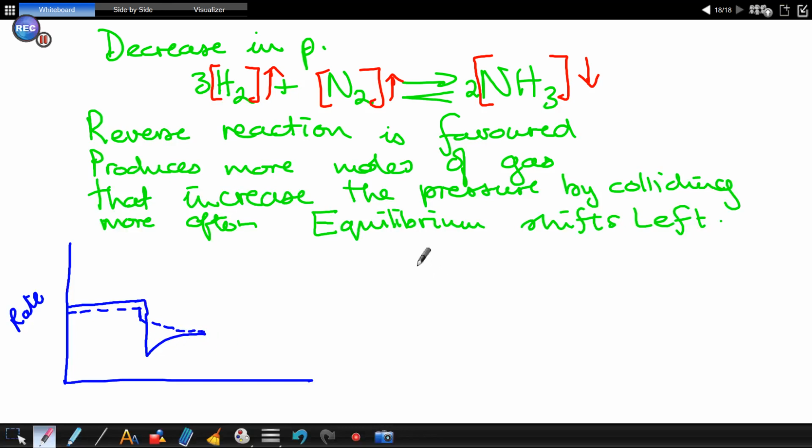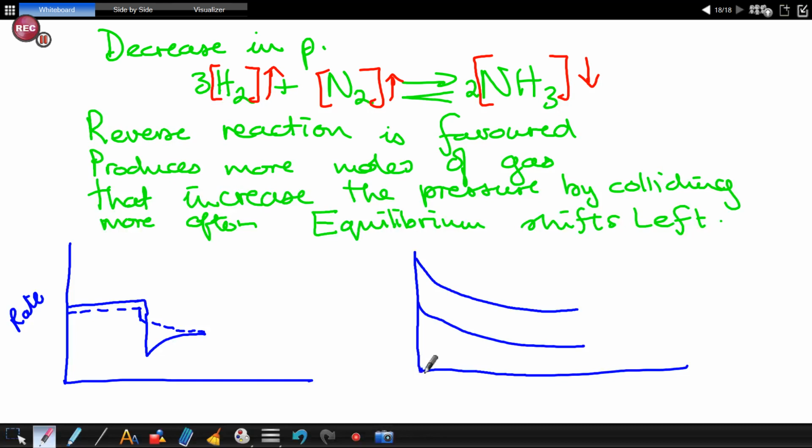What happens to the concentration graph here? So this is the NH3, that is the N2, this is the H2. So it stays the same.